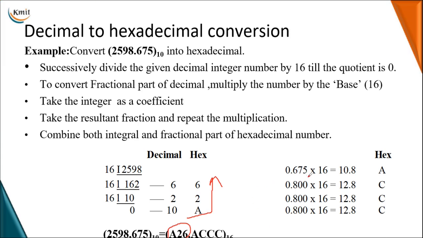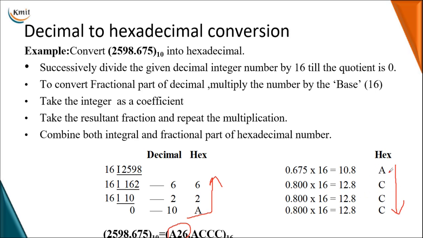Next, 0.675 to the base of 10 is multiplied with 16. Then we obtain 10.8, where 10 in hexadecimal is designated with A and 0.8 is the fractional part. We take that for further successive multiplication with 16. Since we are not getting a fractional part of 0, if we go on multiplying, we keep getting this repeated 12.8 only. Hence we stop here after 4 multiplications, and we take all the integers from top to bottom.